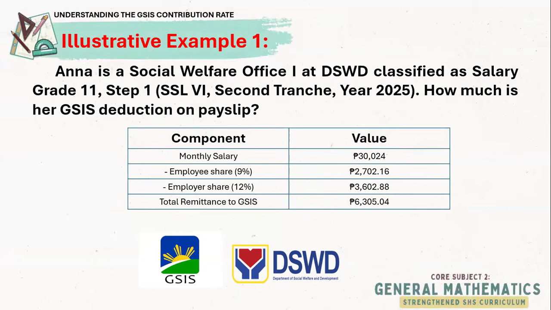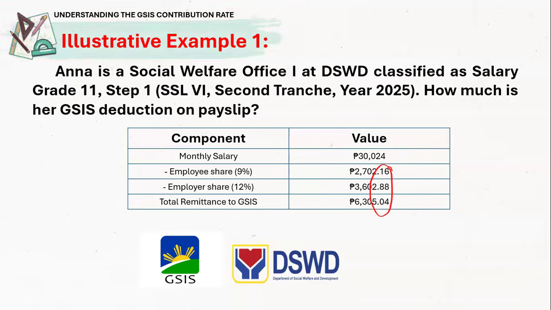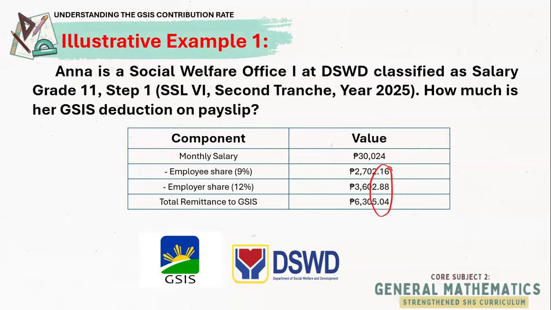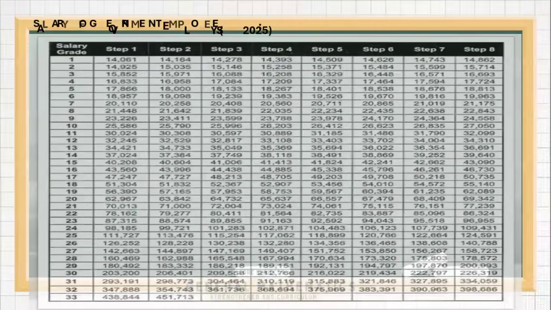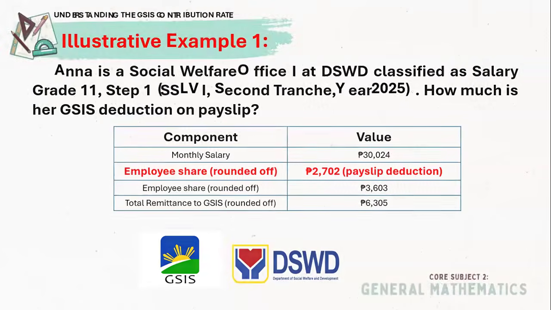So notice that we have centavos here, but there are payroll systems, especially in different government agencies, in which they credit the decimal part or the centavos. But what is reflected under GSIS contribution is the rounded off number. So what actually reflects on your GSIS contribution is the rounded off number.